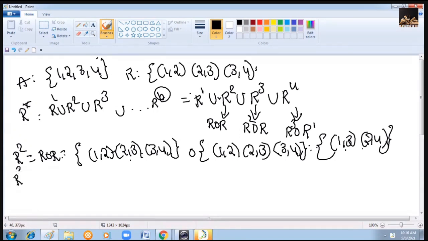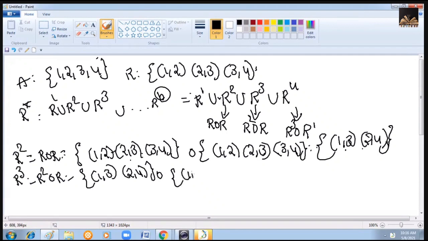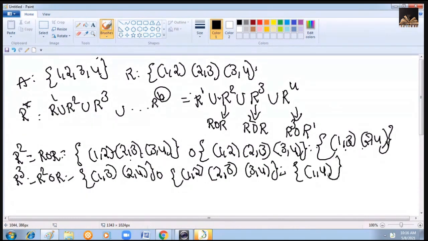Similarly, find out R3. R3 is equal to R2 of R. R2 is (1, 3), (2, 4) of R, which is (1, 2), (2, 3), (3, 4). Now the result is, here we have (1, 3) and here we have (3, 4), so it contains (1, 4). That's it. No other element.